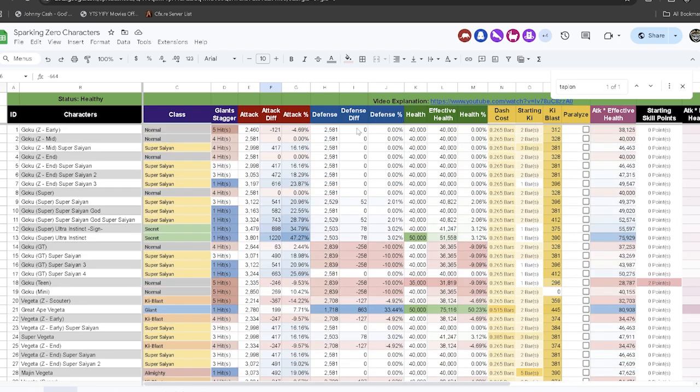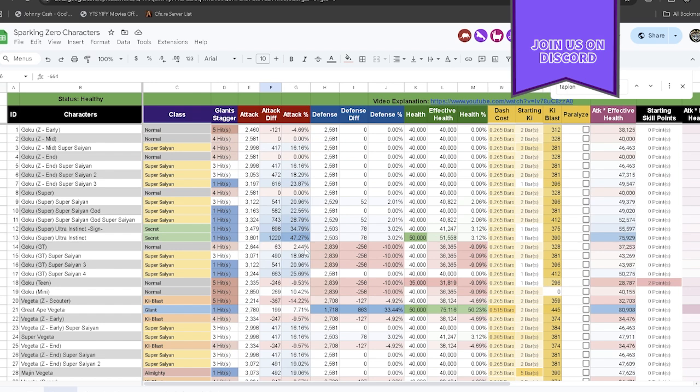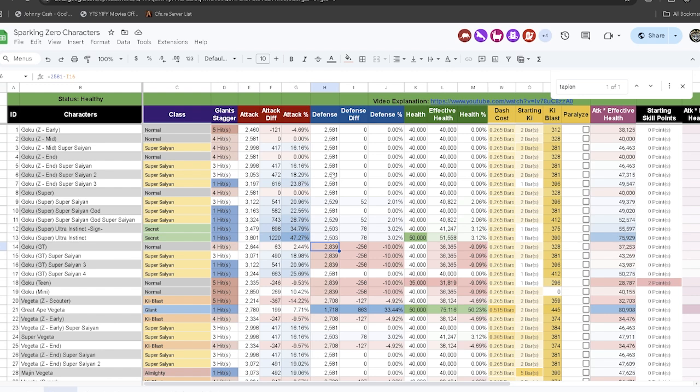Same thing goes for defense, but it's inverse. Instead of higher being better as with attack, lower is better for defense. So for example, if a character would normally do 2,581 damage to you, but it does 2,839 damage to you, then your defense is lower. So you have a 10% decrease, and this is your stat difference from 2581.